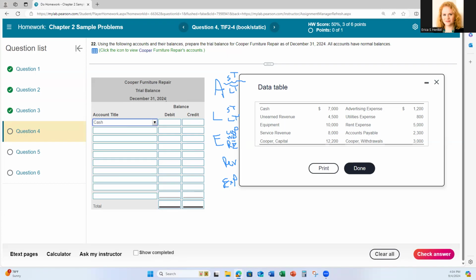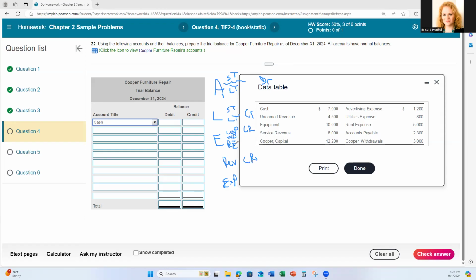And remembering from our previous problems, the normal balance for an asset account is whatever direction, debit versus credit, will increase an account. So for an asset, the normal balance is a debit. For liabilities, it's a credit. For equity, any account that increases equity is going to be a credit.